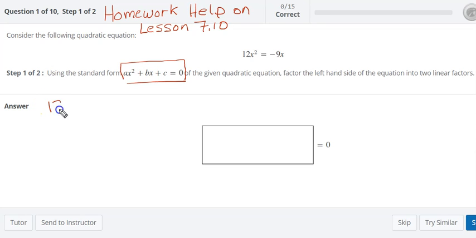So we'll go 12x squared, transpose the negative 9x to this side, where it becomes a positive 9x, and that equals 0.